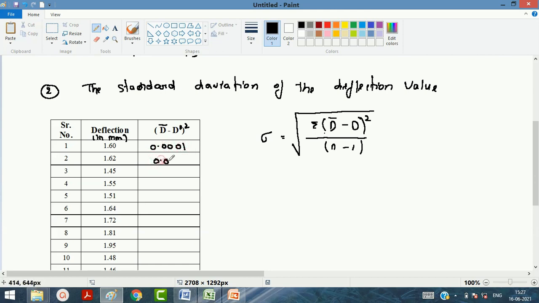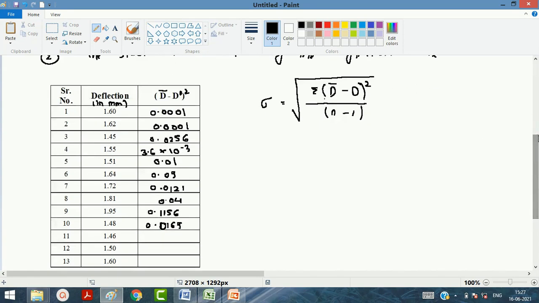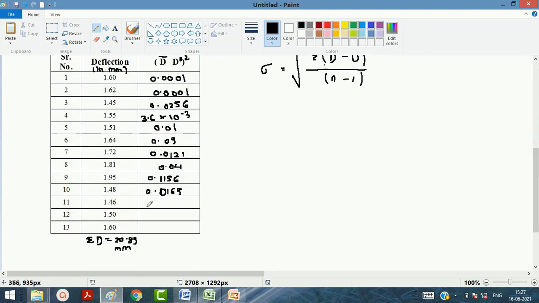Then the next values are 0.001, 0.0256, 3.6 into 10 raised to the power minus 3, 0.01, 0.09, 0.0121, 0.04, 0.1156, 0.0169, 0.0225, 0.0121, and 1 into 10 raised to the power minus 4.